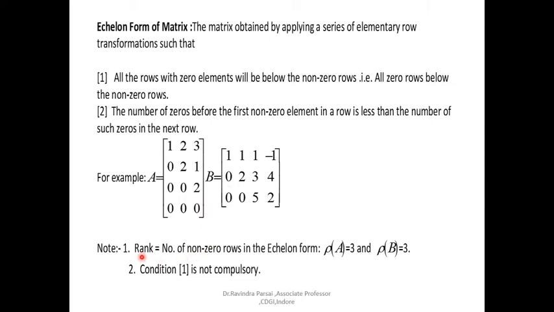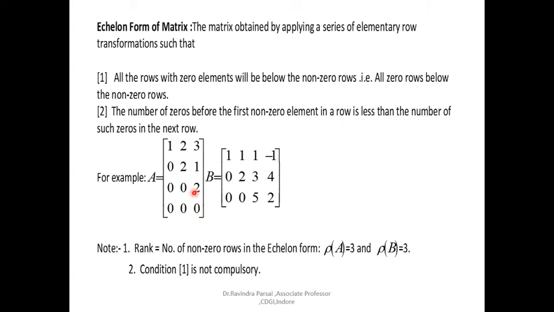Then how will you find the rank from an echelon form? Just by counting the number of non-zero rows in the echelon form is called the rank of the matrix. For this example, how many non-zero rows? You have 3 non-zero rows, so the matrix rank is 3, and this is the zero row. What do you mean by a non-zero row?